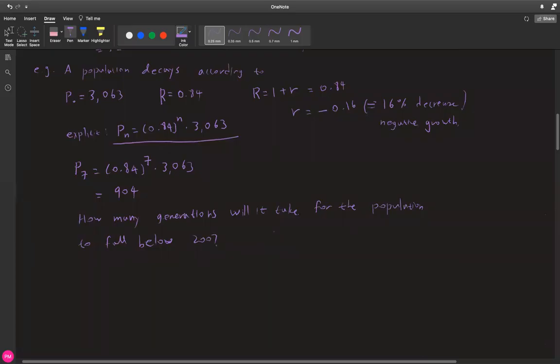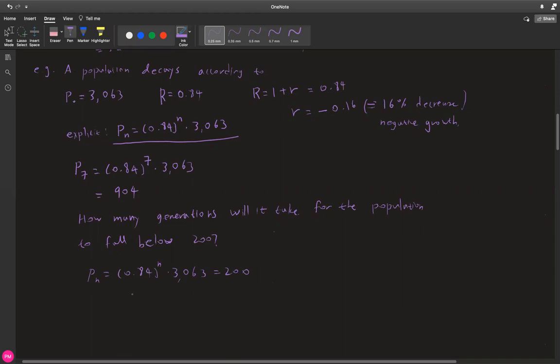So to find this, you're simply going to use this formula. And let's say for some n, you're going to end up with, let's say just 200, because all we have to find is the point where it reaches 200.